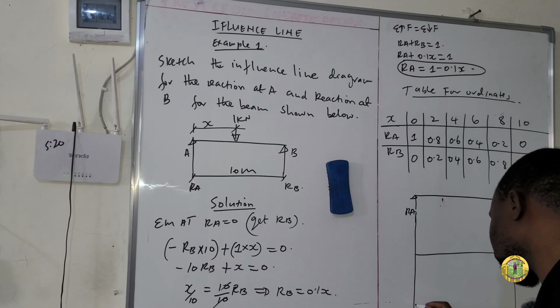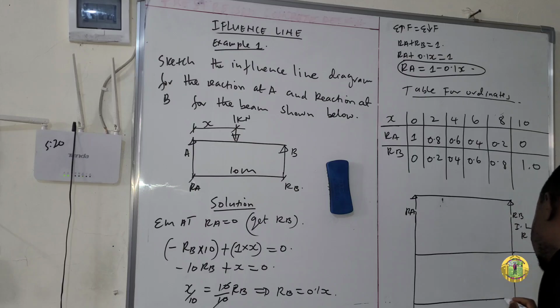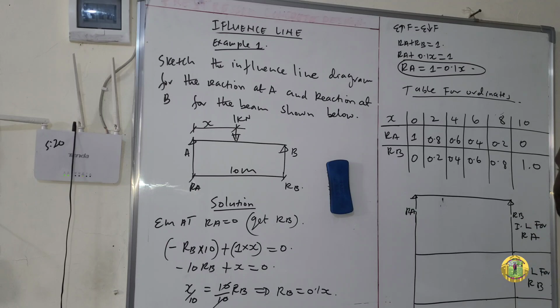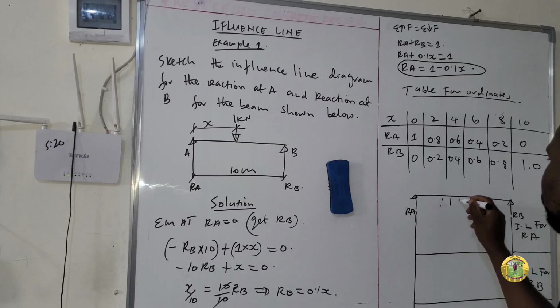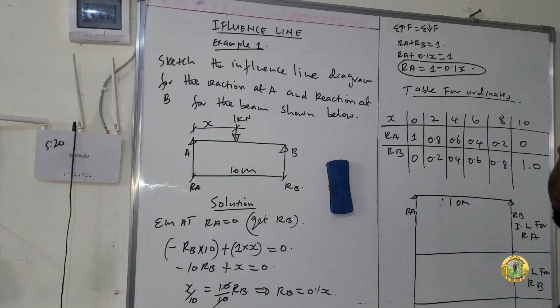Again, the influence line for RB. Above is positive, below is negative. And then these are our ordinates. Remember to note the length, which is 10 meters.